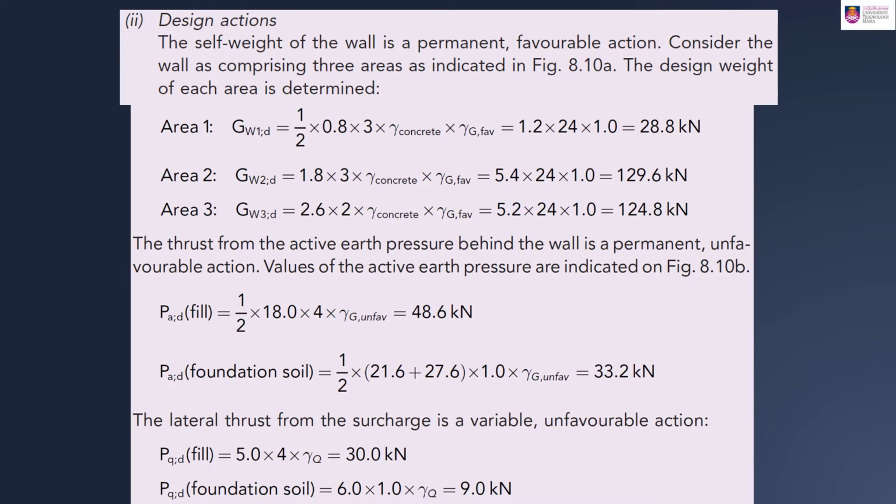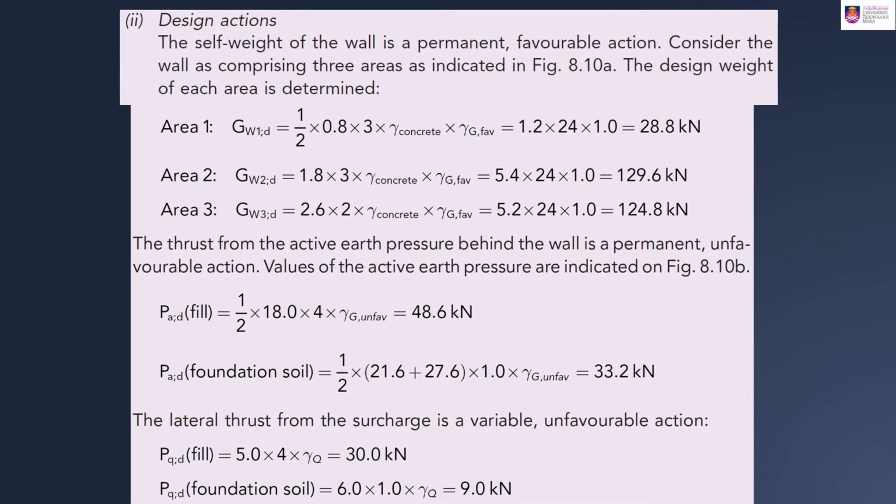So G1 design for area 1 is equal to 28.8 kN, area 2 is 129.6 kN, and area 3 is 124.8 kN. So GW1, GW2 and GW3 are considered as favorable actions, which act as the stabilizing forces. The thrust from the active earth pressure behind the wall is a permanent, unfavorable action.